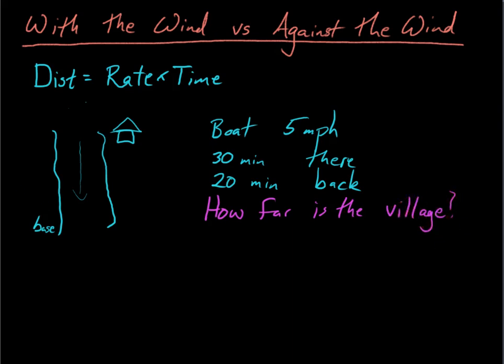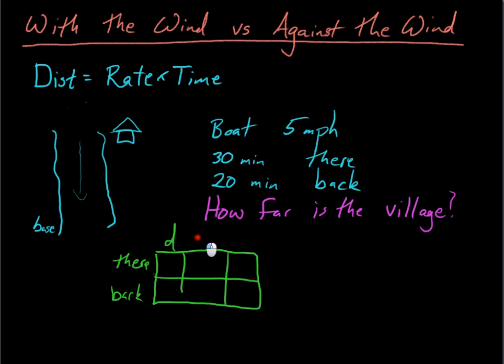Okay. To do these, I always like making a little chart. Just kind of makes my life a bit easier. So let's say to get there, to get back, and then otherwise I have distance, rate, and time.